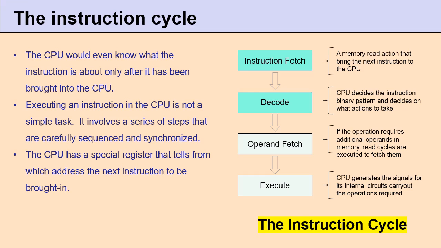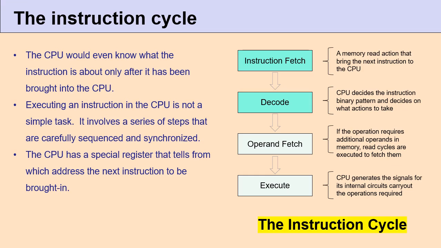Out of the 4 components that the instruction cycle has, the first 2, the instruction fetch and the decode, are more or less similar for all the instructions in the CPU. Because before executing any instruction, the CPU must first bring that instruction into the CPU.